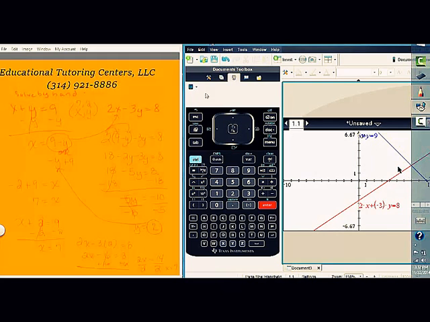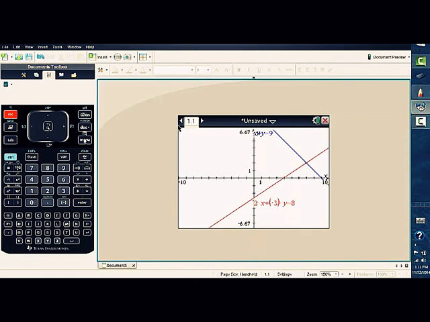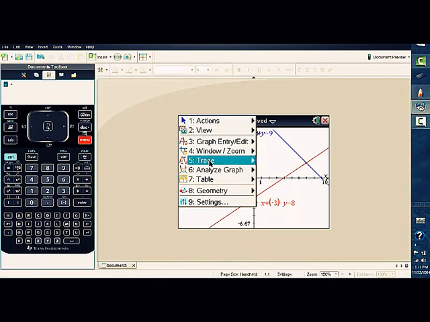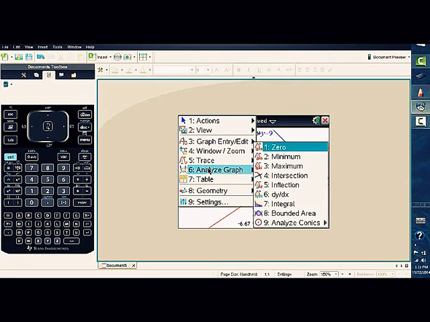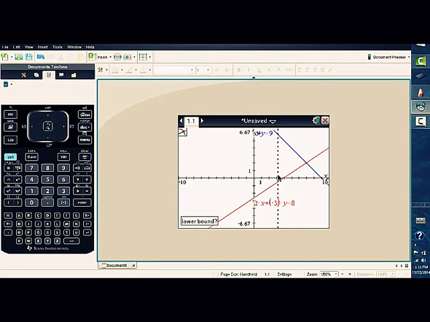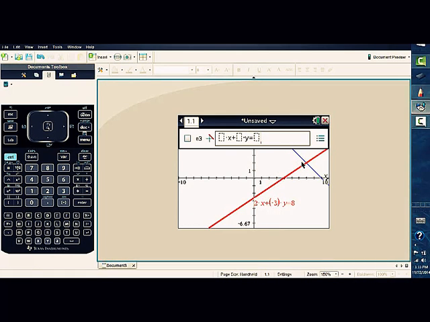Now, I want to find out what this value is right here at my intersecting point. Menu, analyze graph, intersection, and then here it's asking for my lower bound. Let's do that again.